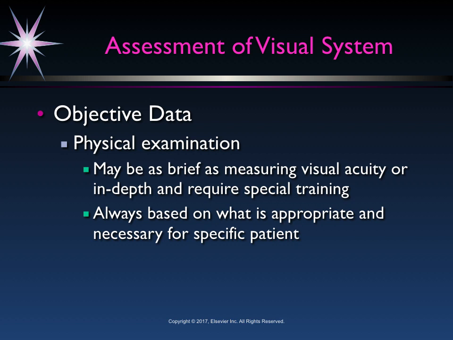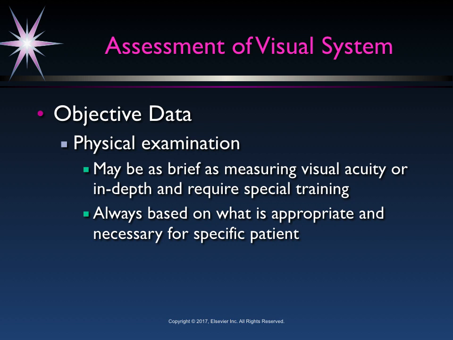It's always based on what is appropriate and necessary for that specific patient. Some of the physiologic functional assessments include determining the patient's visual acuity, the ability to judge closeness and distance, and extraocular muscle functions. Also evaluating their visual fields and their pupil functions, and measuring the intraocular pressure.